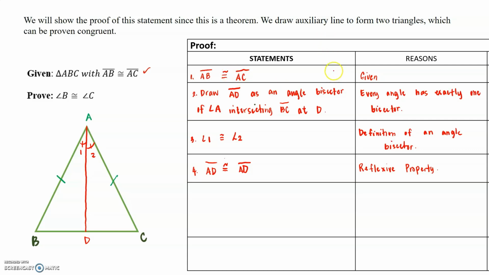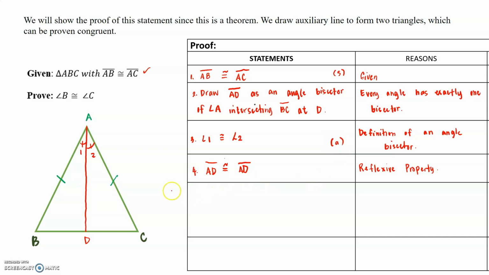So let's write a small note indicating that we have already proven one pair of sides to be equal. So we have one side here. And in statement 3, we have also established the congruence of a pair of angles, which is angle 1 and angle 2. So we have angle.